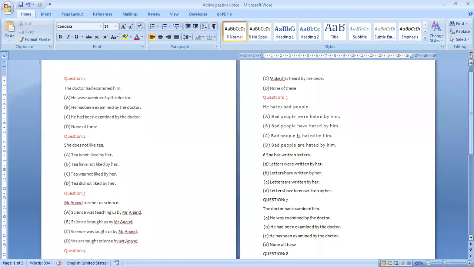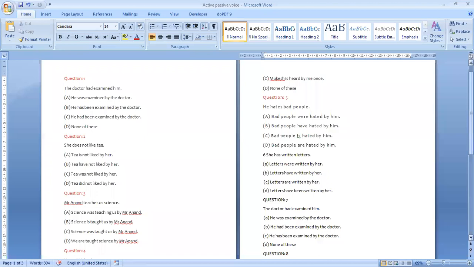Yes, try to solve. I have given a sentence and you have to find out if the given sentence is active, you have to choose the correct passive form from the options. If the given sentence is in passive, you have to choose the correct active form from the options.